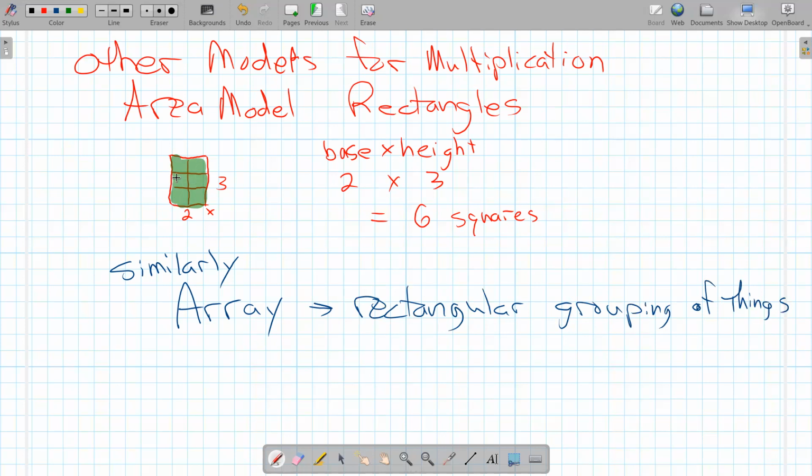And whereas this one is connected, continuous, this one is kind of like disconnected. So 2 times 3 again with the array, I would have, say, 2 rows of 3 things. There's 1 row of 3 things. There's the other row of 3 things, and they're set up in this rectangular array here. Right? So that's the array model.